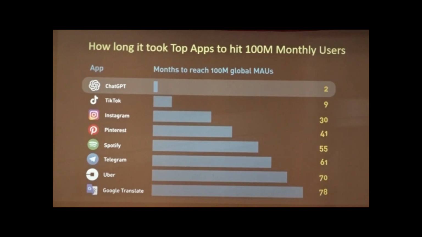You just imagine how popularly this app grew. For the same thing, Instagram took around 30 months, nothing but 2.5 years, to reach the same milestone of 100 million monthly subscriptions. You can compare this with all the other apps also.